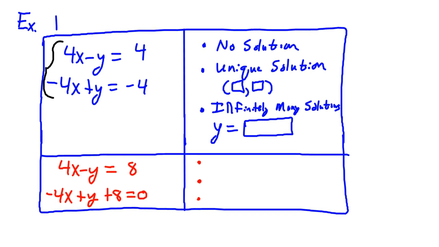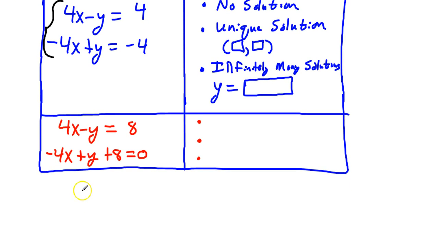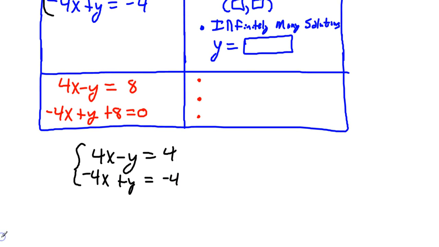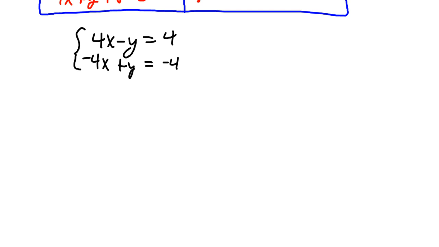We're just going to do the work down here at the bottom, and we'll come back and work it out. So we've got 4x minus y equals 4. We've got negative 4x plus y equals negative 4. Okay, the good news with this one is you don't have to multiply, you don't have to rearrange anything, everything's lined up.